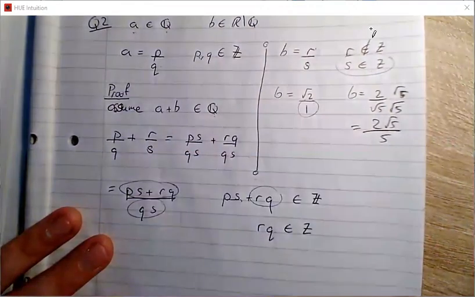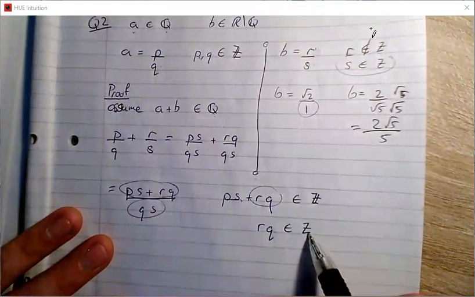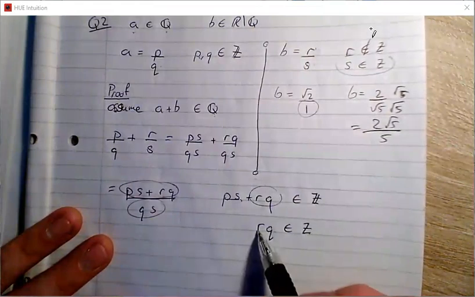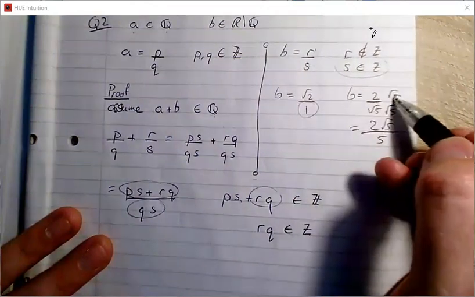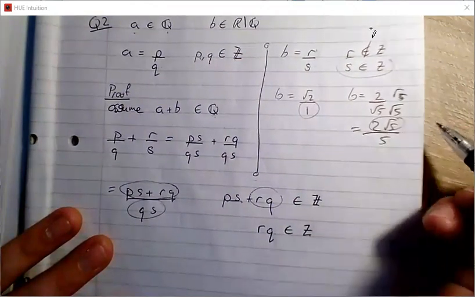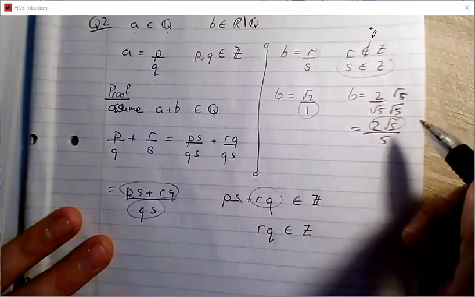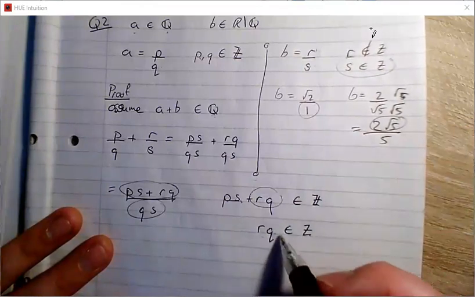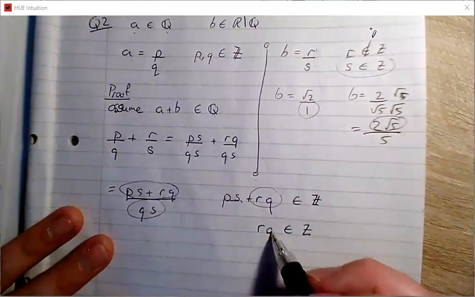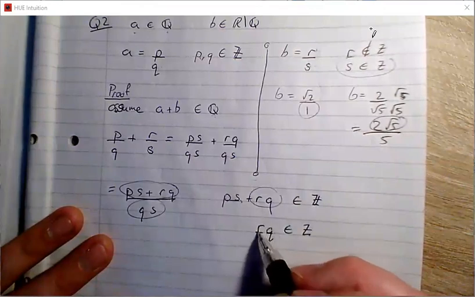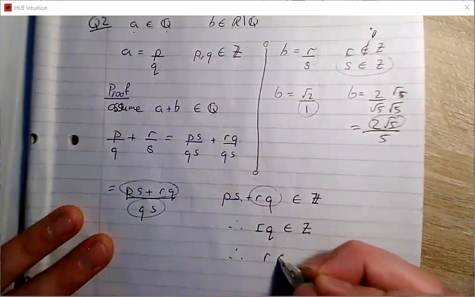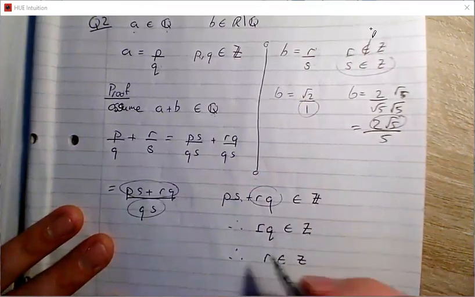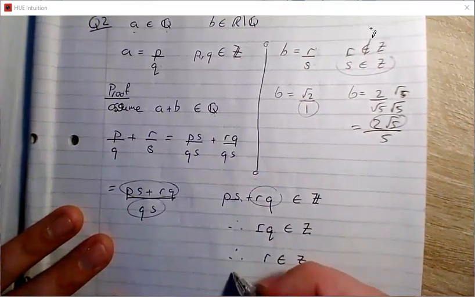Okay, but if you take an irrational number and multiply it by an integer, you end up with an irrational number. For example, 2 multiplied by root 5 gives 2 root 5. It's irrational. The only way you can get an integer when you multiply one integer times another is if the other number is an integer as well. So we've arrived at this conclusion that therefore r must be an integer, which is a contradiction.